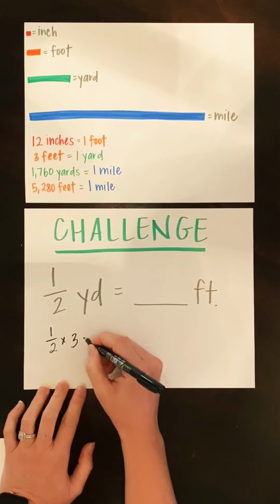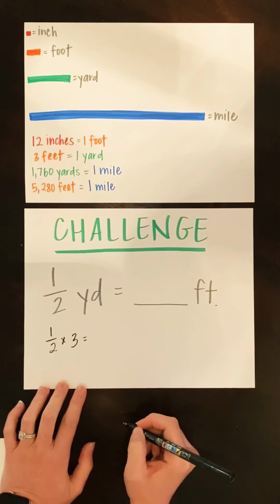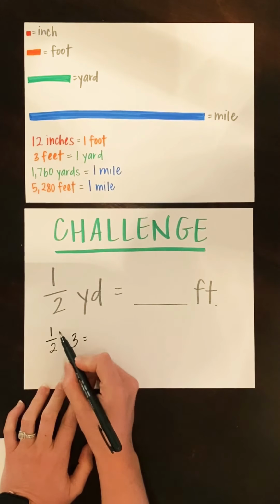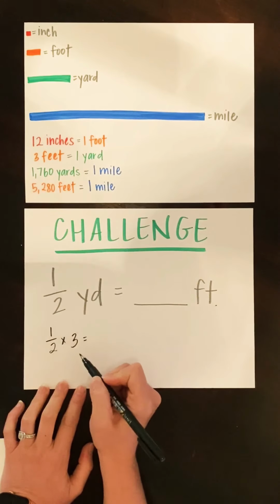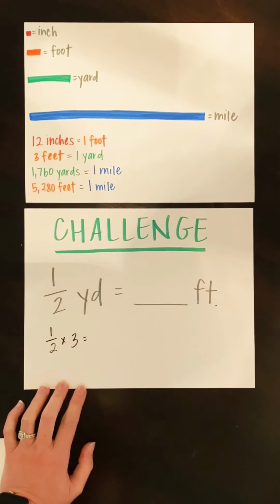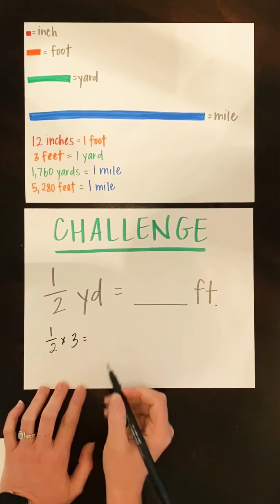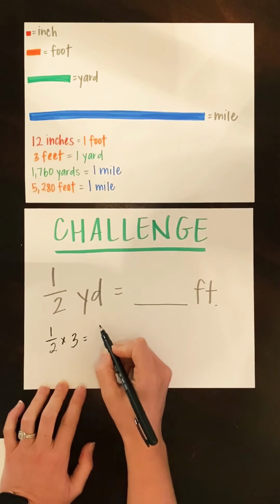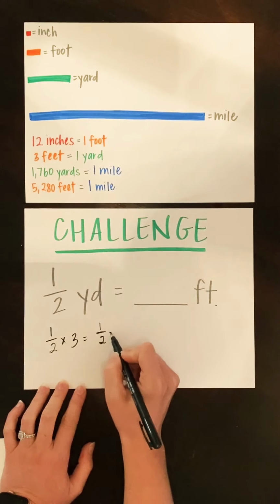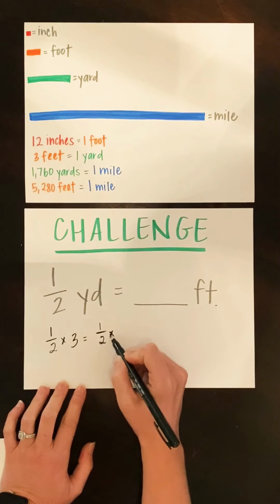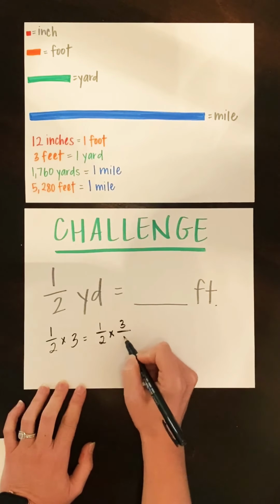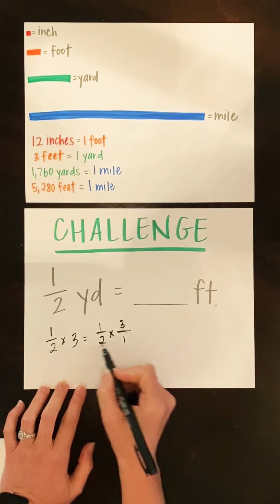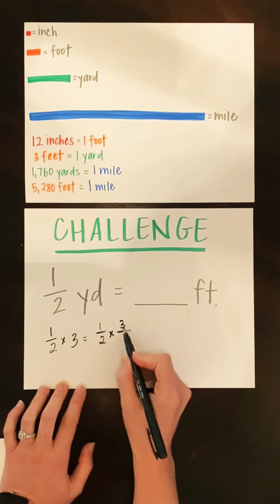And if you remember back to multiplying with fractions, we multiply the numerator times the numerator and the denominator times the denominator. And if I have a whole number, I'm going to make that into 1/2 times 3/1, because 3 is the same as 3/1.